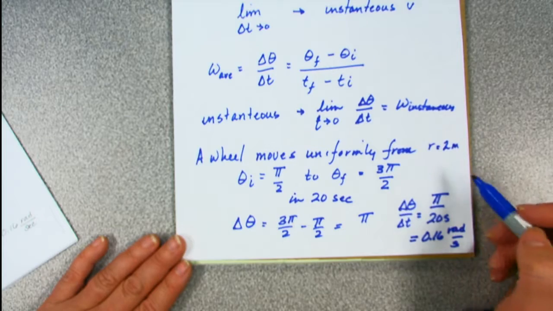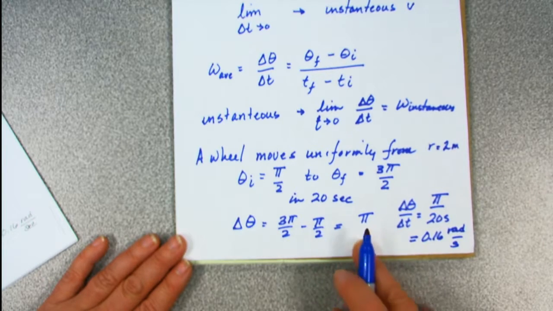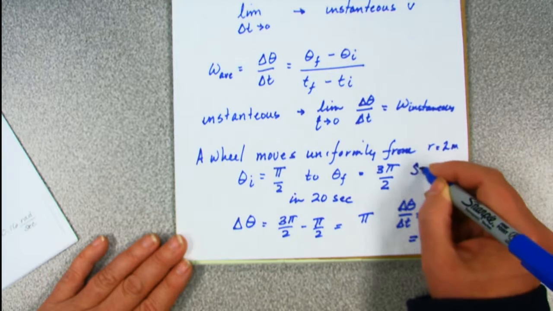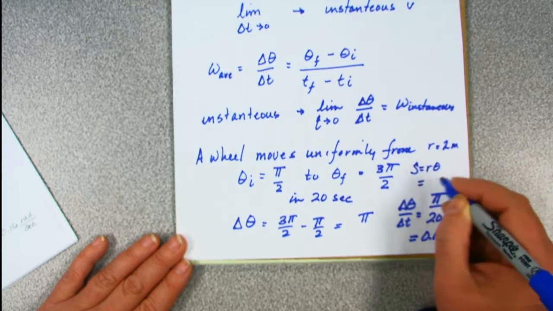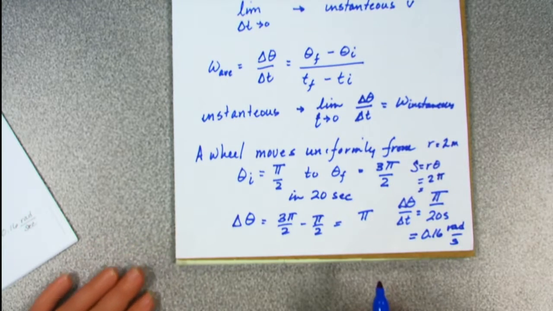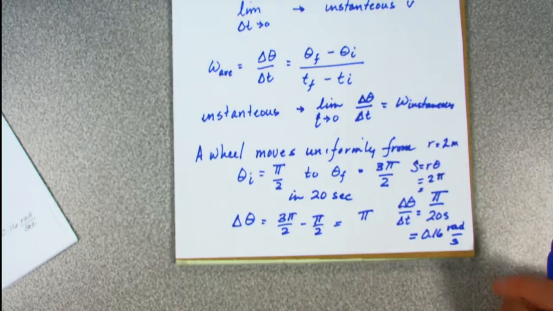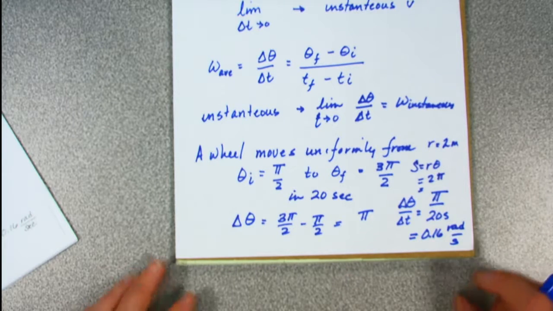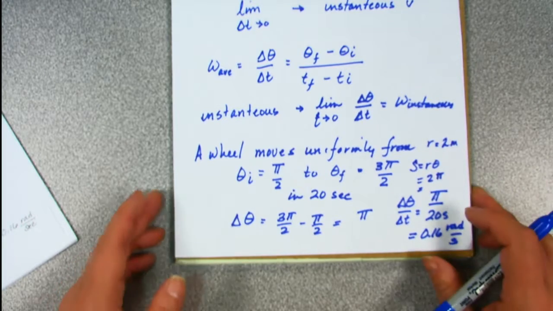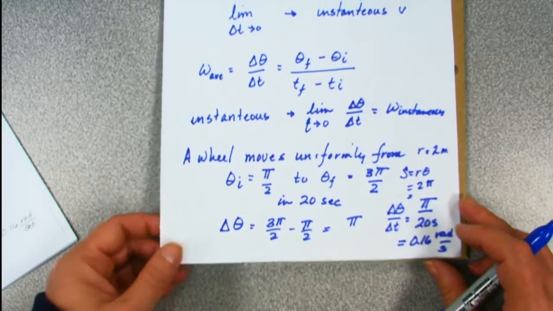Then the distance is just going to be r theta, which is 2 times pi, which would be 6.28 meters that we traveled. Distance is r times theta. And if I convert pi, it gives me my 6.28.